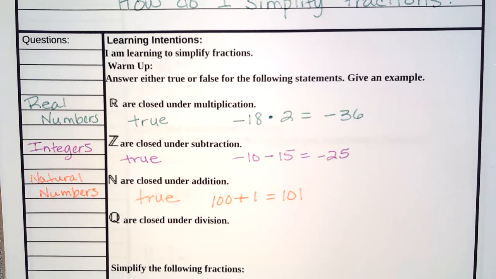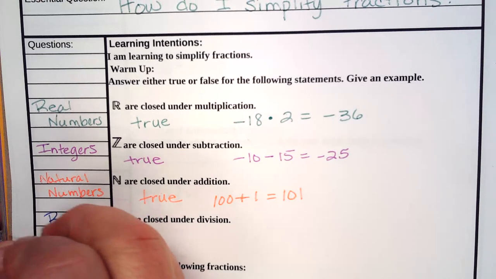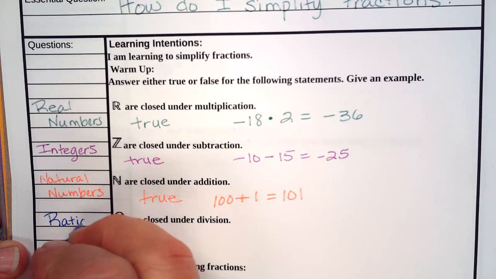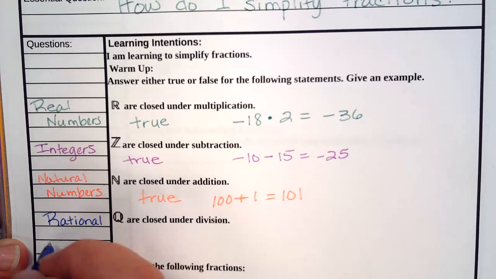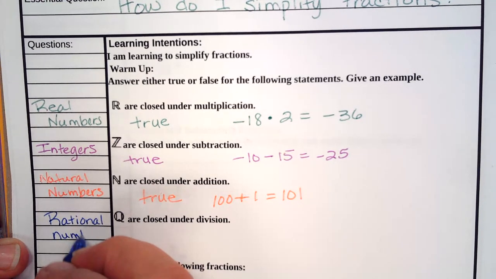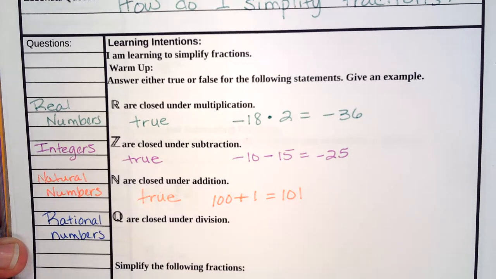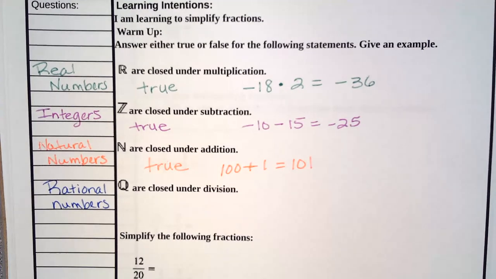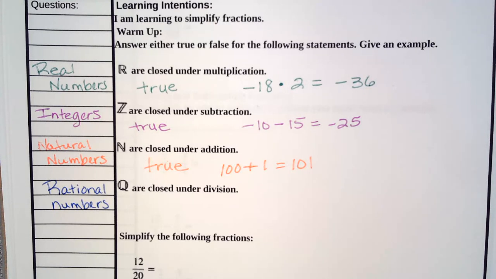Okay, Q. What is the Q? The Q are your rational numbers. Are they closed under division? No, they're not, because we've got one rational number that makes it untrue.